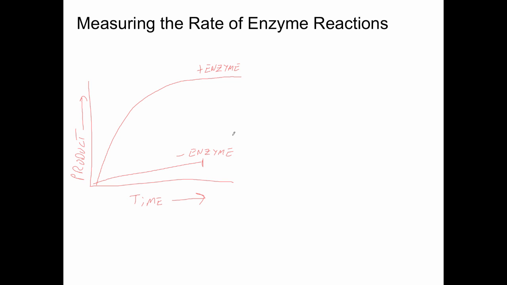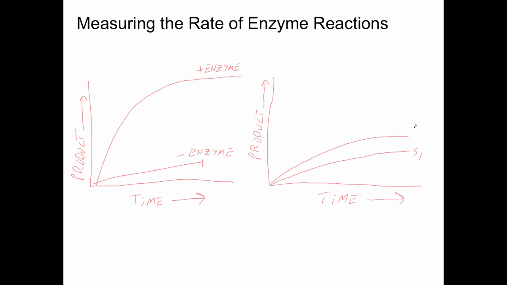Importantly, a key determinant in the shape of this curve is substrate concentration. And we can see this if we plot out product versus time at varying substrate concentrations. At low substrate concentrations, progressing to higher substrate concentrations, we see changes in the shape of the curve.